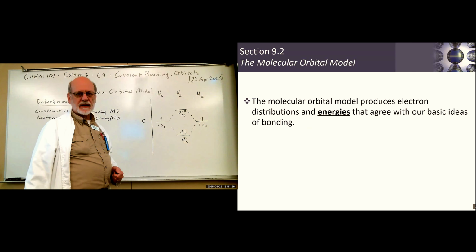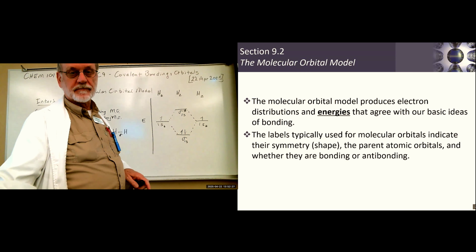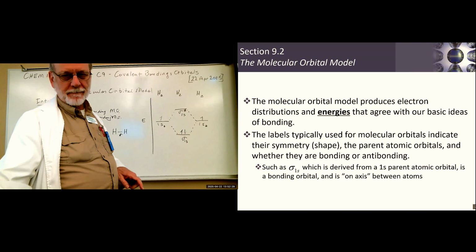And the labels we use designate where the molecular orbitals came from, here the 1s's, and what they are now, sigma molecular orbitals. We're going to do a similar thing for pi orbitals in a few minutes. That means that the bond is on axis.